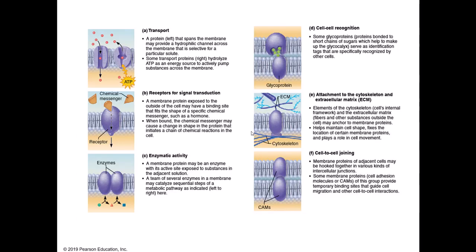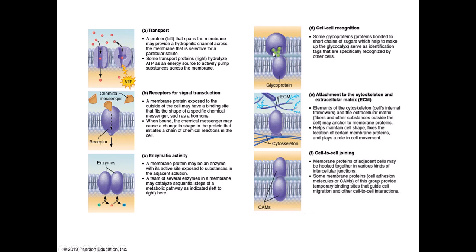So these proteins in our plasma membranes just play a huge number of roles for us. They can be transport proteins so that stuff can move in and out of the cell. They might be receptor proteins so that cells can talk to one another. They might be enzymes, speeding up and catalyzing our reactions. They might play roles in cells recognizing other cells, particularly what I call the glycocalyx.